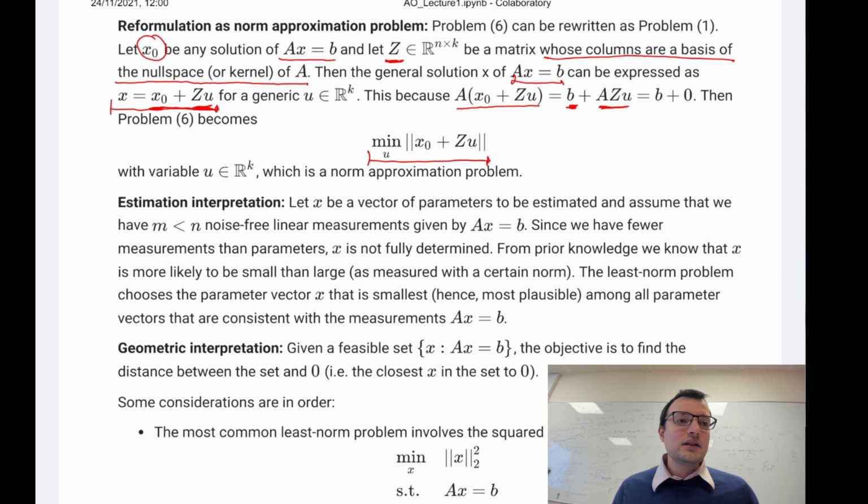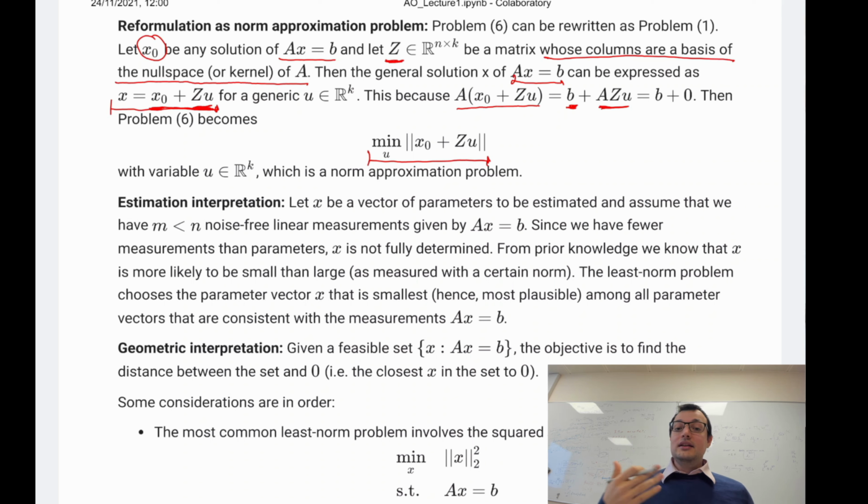There is no noise, so the measurements are exact, but we don't have enough measurements to actually estimate x completely. So we know that for these m measurements, we have the relation that Ax is equal to b, okay? This will partly determine x, but since we don't have enough measurements, x is not fully determined.